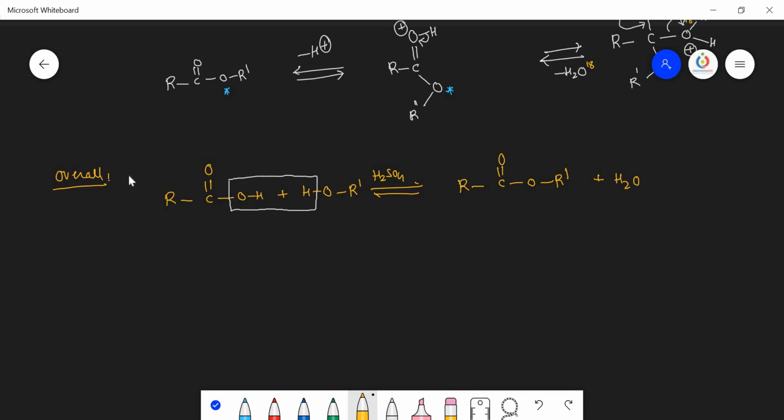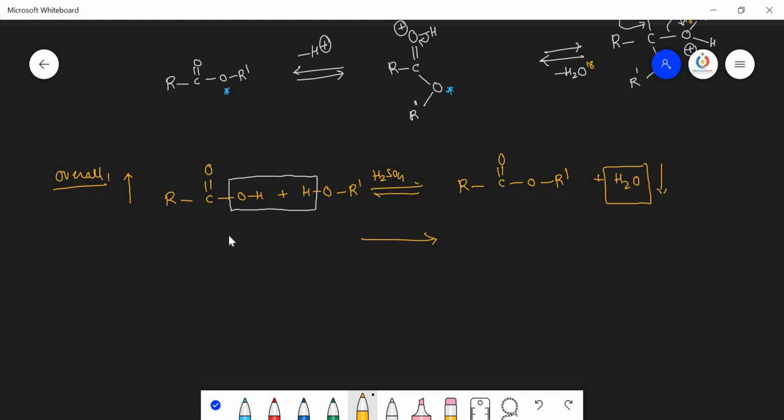So in an equilibrium reaction, increasing the concentration of the reactants and decreasing the concentration of the product will be favorable for the forward reaction. Okay. So when H2O is removed immediately, it will become unbalanced. To balance the reaction, it will be shifted towards the right hand side.